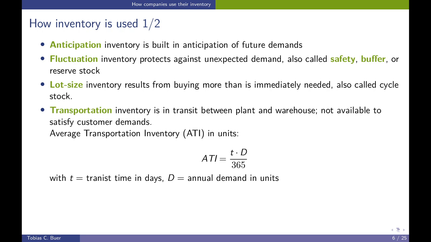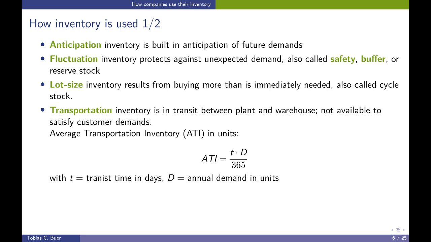We need the capital D, the annual demand in units. How many units do we need in 1 year? And we need the transit time. Transit time means the transportation time between our plant and our warehouse. Maybe they are in different countries, maybe they are on different continents, then the transit time can be a huge factor.